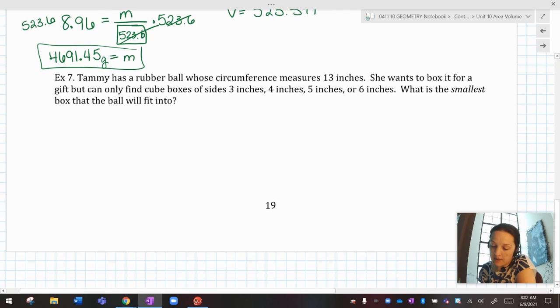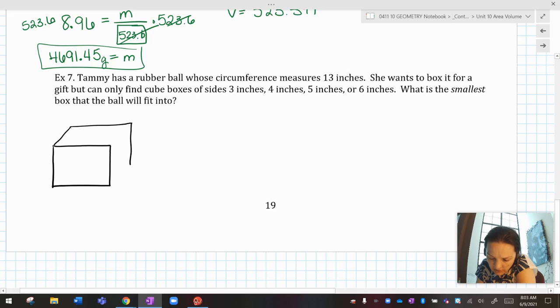All right, last one. Tammy has a rubber ball whose circumference is 13 inches. She wants to box it for a gift, but can only find cube boxes of size 3-inch, 4-inch, 5-inch, or 6 inches. What's the smallest box that the ball will fit into? Well, I don't think I really need the volume at all here. We've got a box that looks something like this.